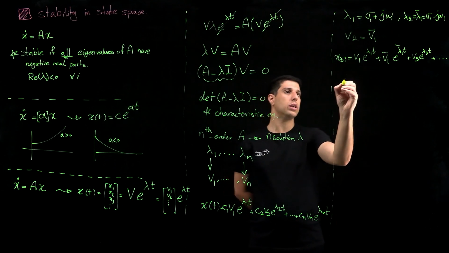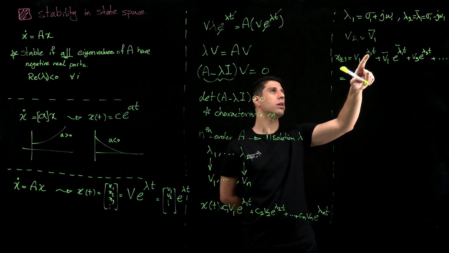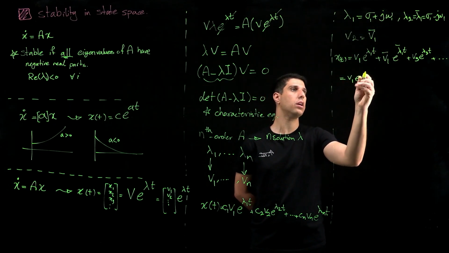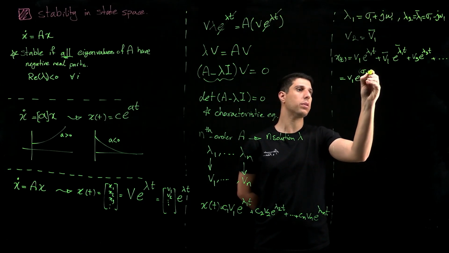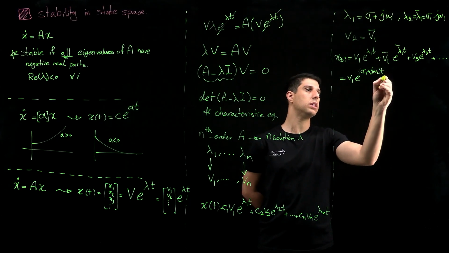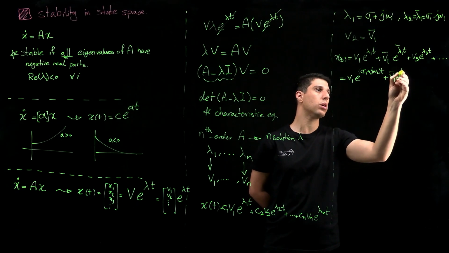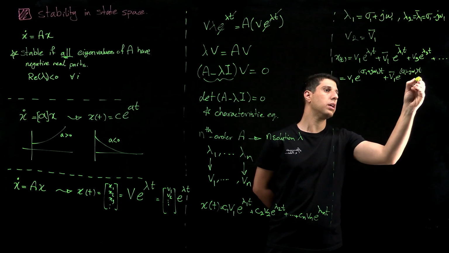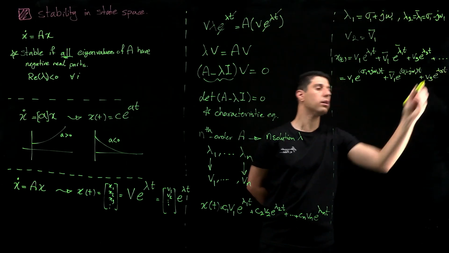Now what I can do is write lambda 1 as so: v1 e to the sigma 1 plus j omega 1 t, plus v bar 1 e to the sigma 1 minus j omega 1 t, plus v3 e to the lambda 3t.